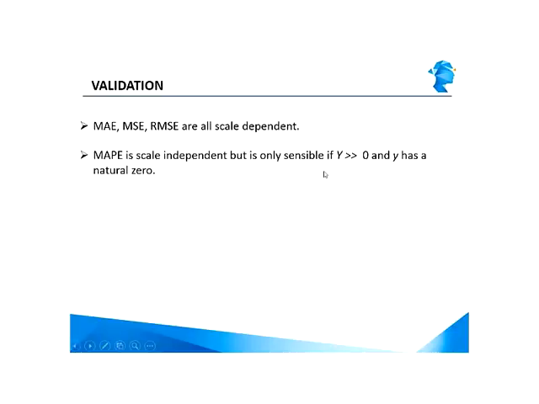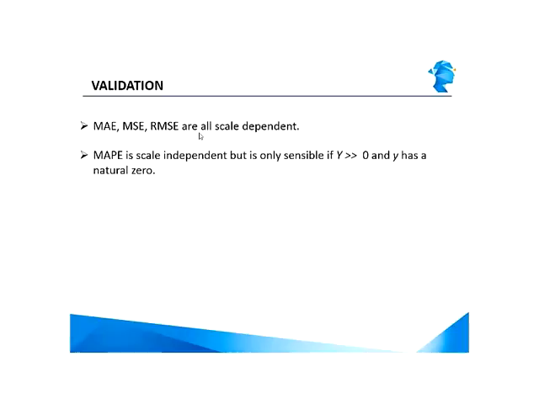We can use MAPE only if our data is greater than 0 and has a natural 0 in it. MAPE is scale independent. That is one point to be highlighted in the validation section: we use accuracy and use MAPE, and you get a good sense of how accurate our forecasts are.